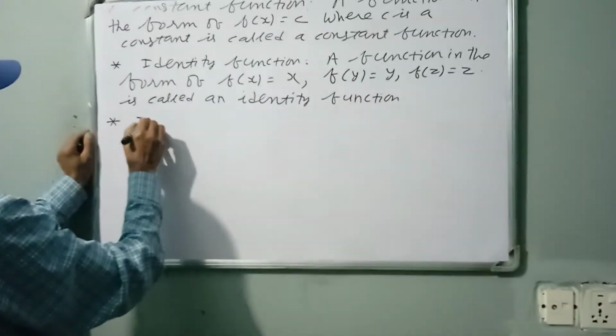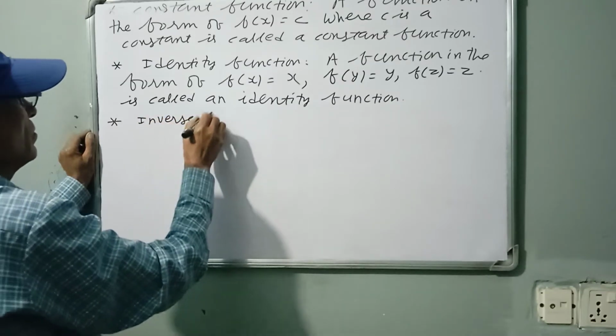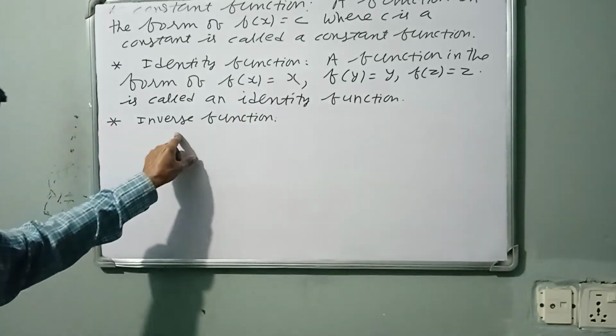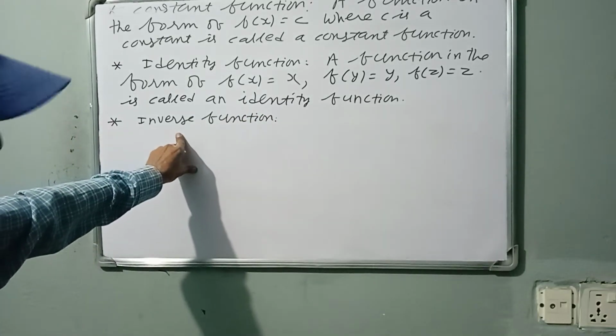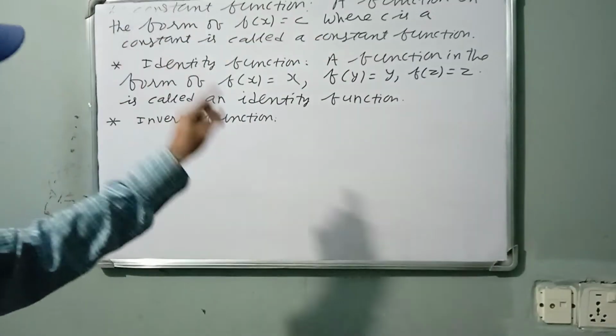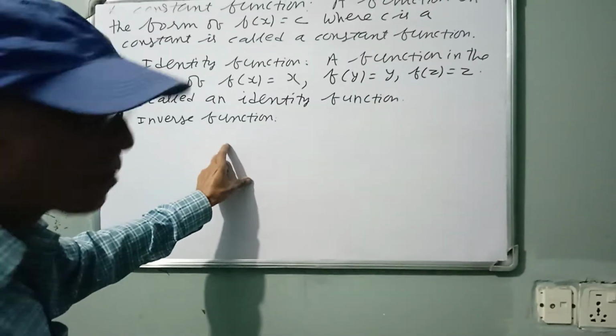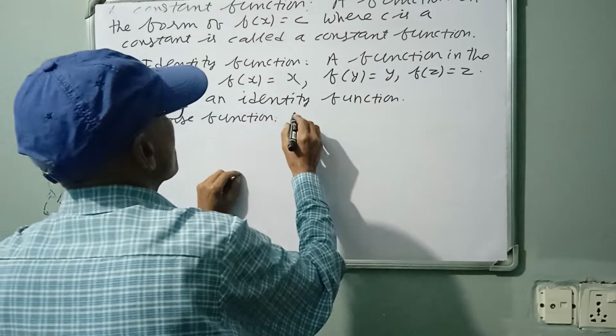The inverse function. Especially in class 9 and 10, the inverse function is very important because you have to find the inverse of the given function. What is an inverse function?